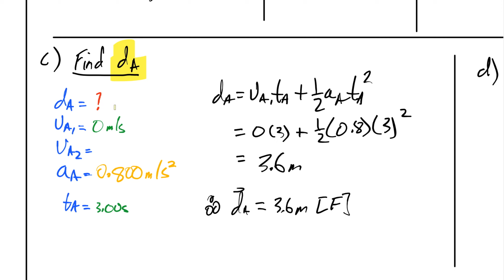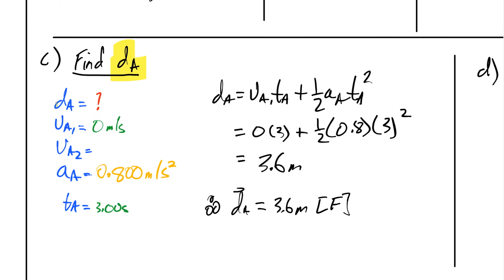Now we do have enough kinematics information to solve the rest of the unknowns. As you can see, we have our VA1, our time in section A, and now of course we have our acceleration in section A, but it is subject to potential error, hence written with the amber color. But we have no choice, so we have to use it.